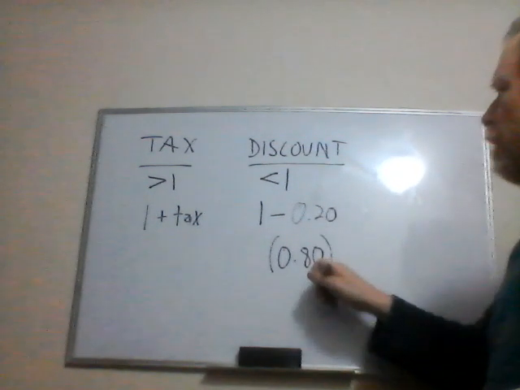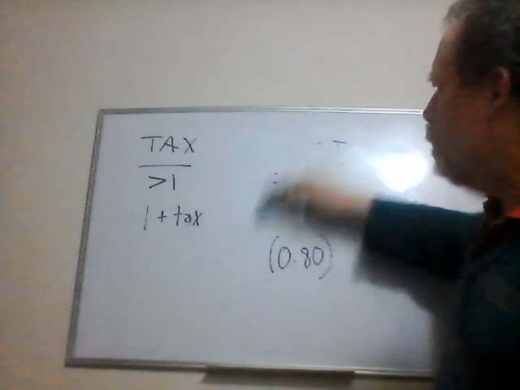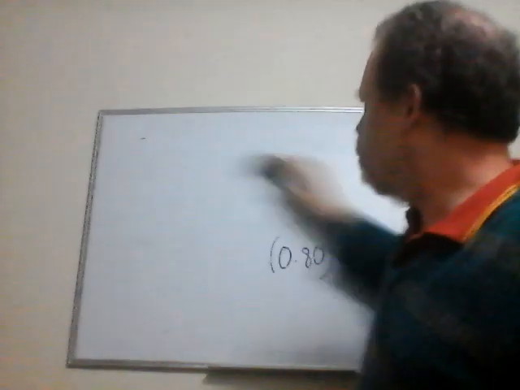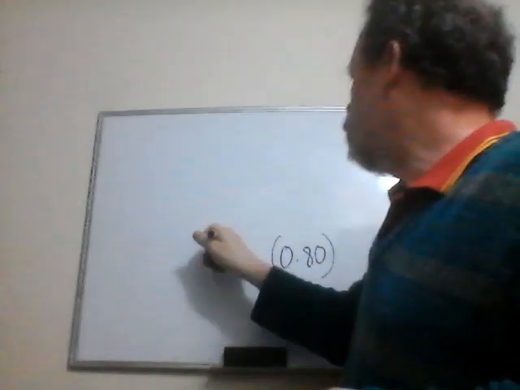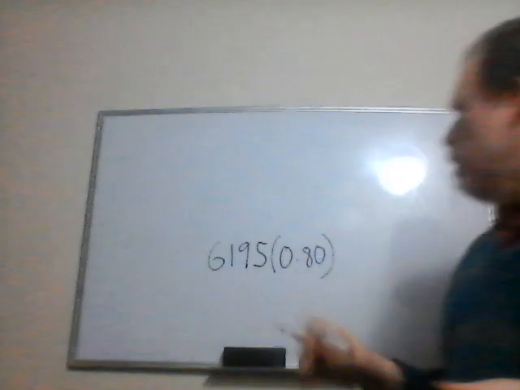It's going to be 80% of the size of the larger mountain. And this problem says that the larger mountain is 6,195 meters, times 0.80 or 0.8.